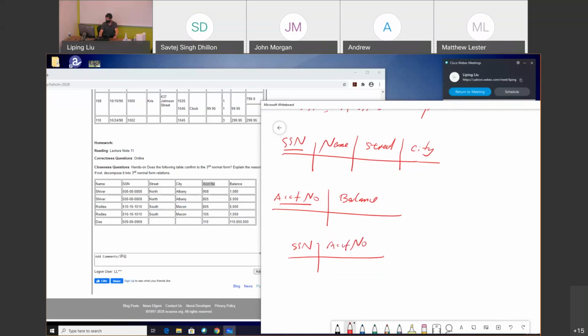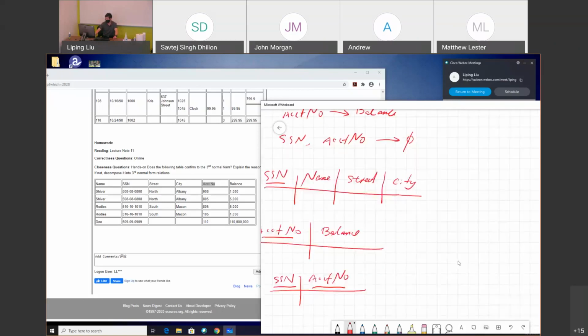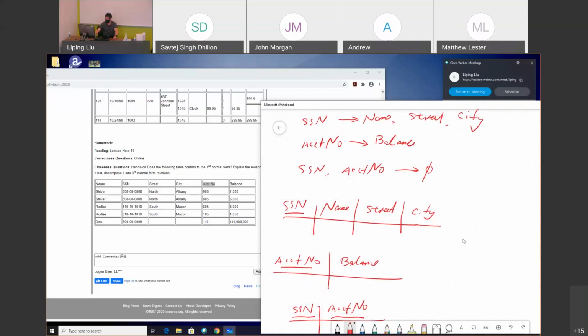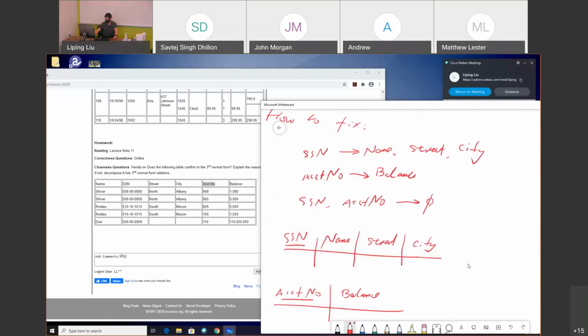These two will form a primary key together, and this table has only primary key columns and nothing else. So this is essentially like a junction table in here, right? Okay, so that's how we end up with three tables after fixing second normal form violations.